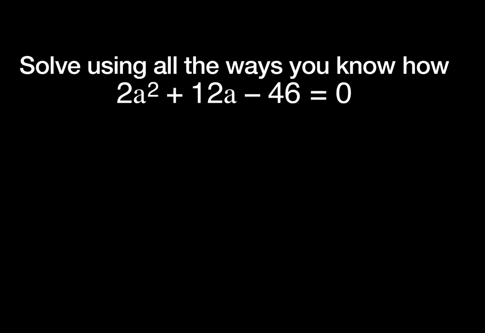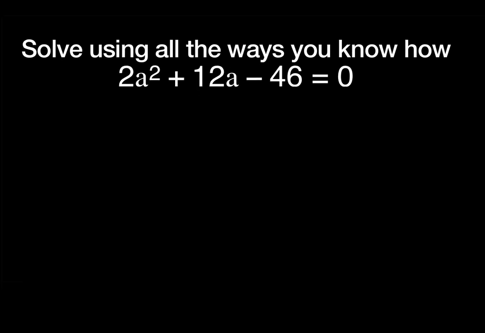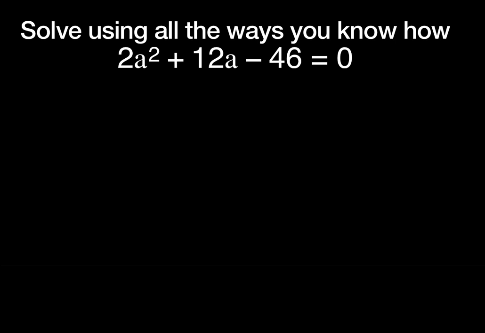Take a moment and solve that using all the ways you know how. One of the ways we've already done it today is a quadratic. We can do factoring, which would include likely the Xbox method if you want to go that route. And then the third method that we've talked about is completing the square.